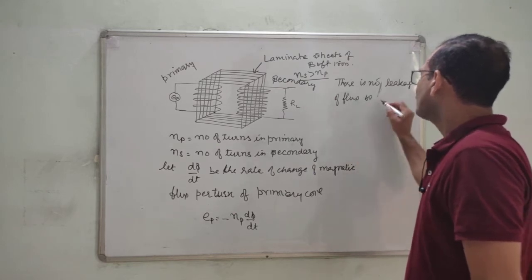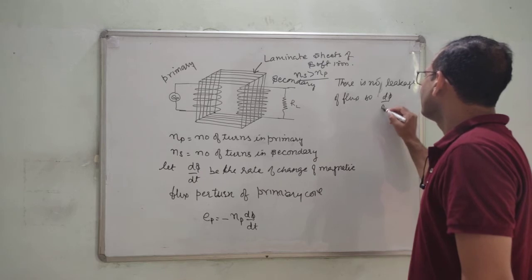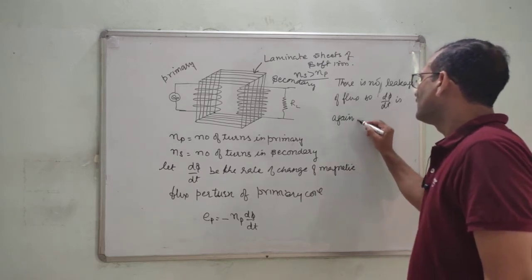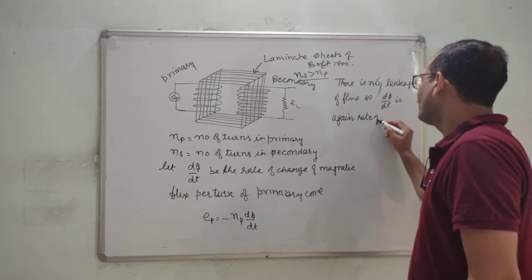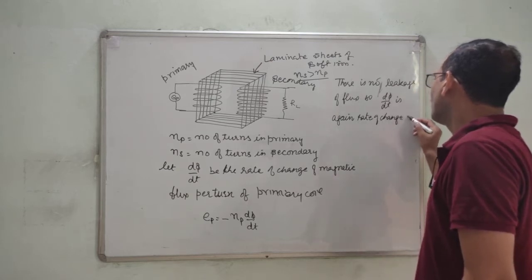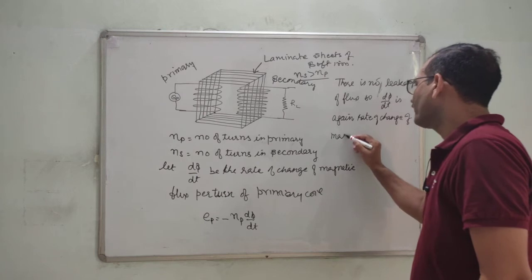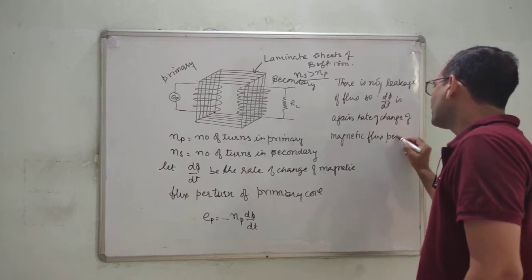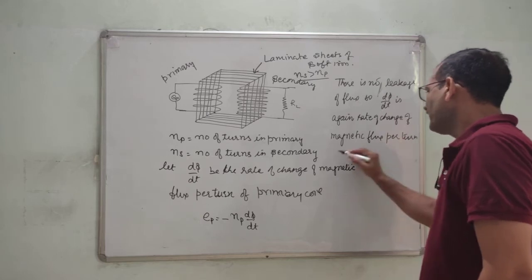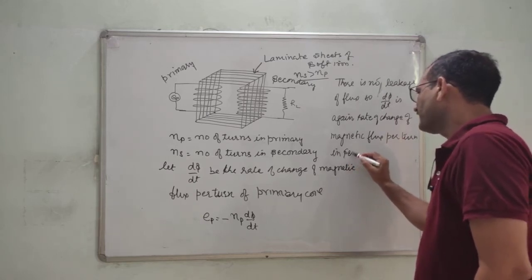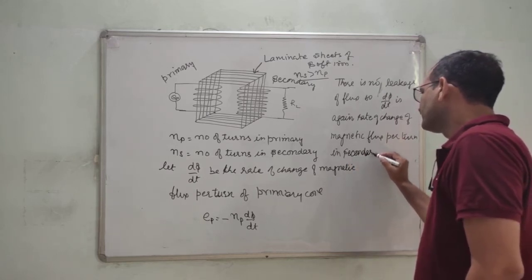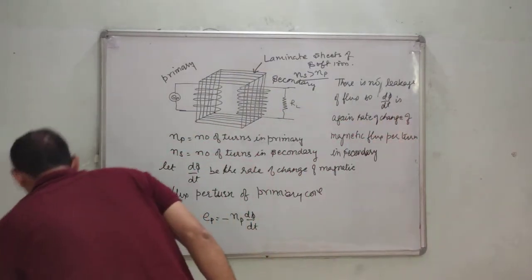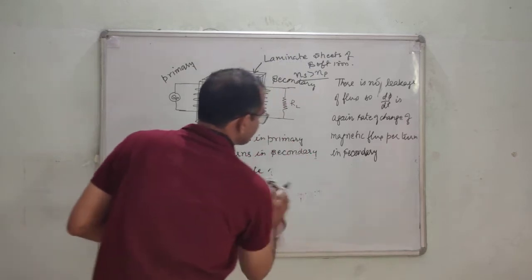So dφ/dt is again the rate of change of magnetic flux per turn in the secondary.